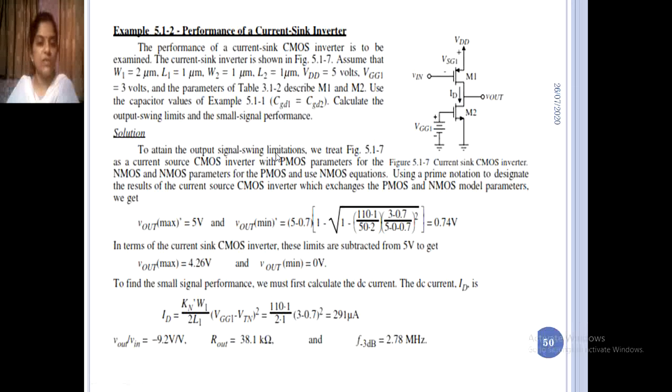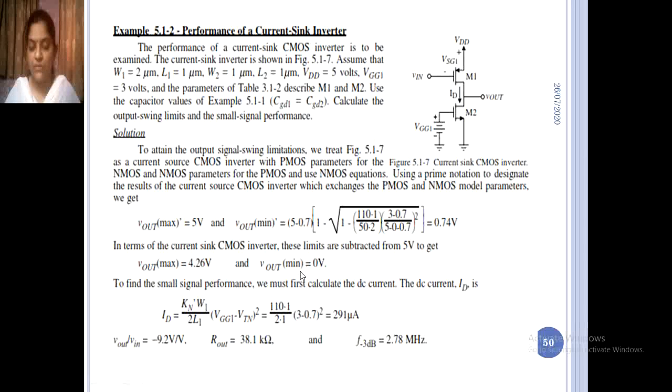To attain the output signal swing limitations of the current sink CMOS inverter, with PMOS parameters for the figure, the current sink CMOS inverter as the current source CMOS inverter, using a prime notation to designate the results of the current source inverter, which exchange the PMOS and NMOS model parameters, we get Vout max is equal to 5.